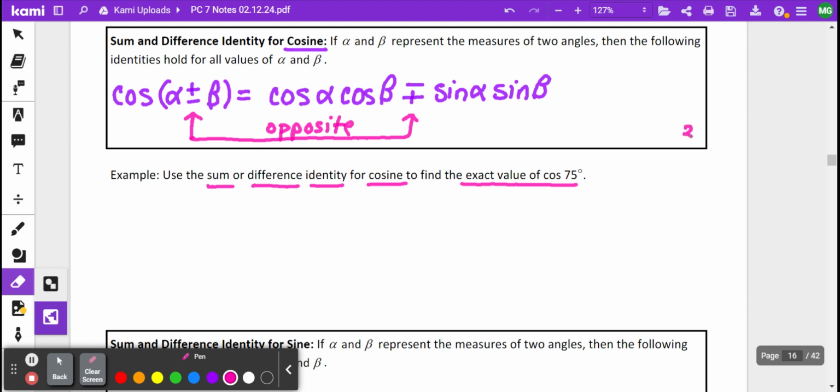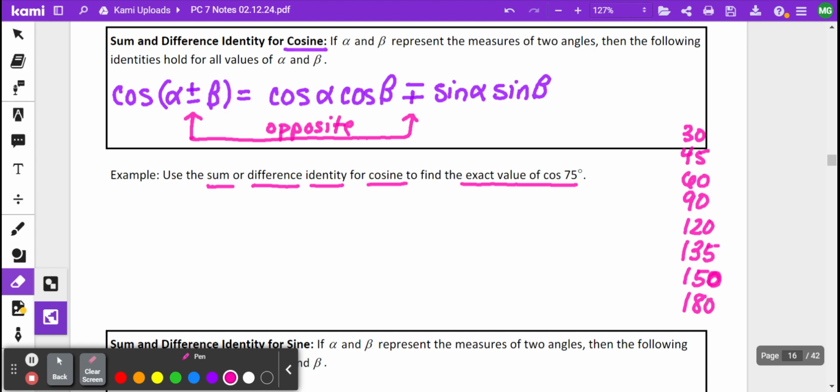So again, think of these angles: 30, 45, 60, 90, 120, 135, and so on, all the way around the circle, right? We're not going to go forever here. 180. How can we get two of these angles to either add to 75 or subtract to equal 75?